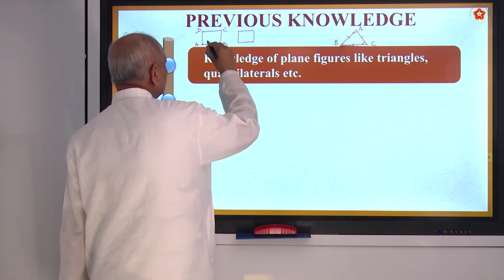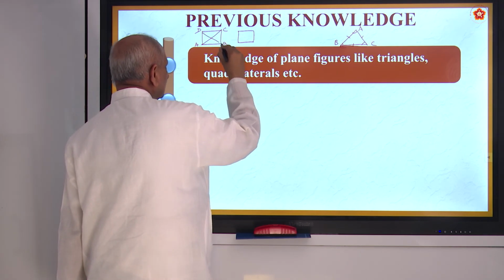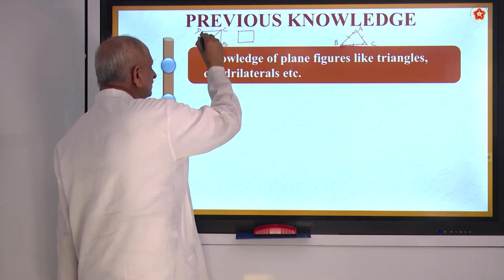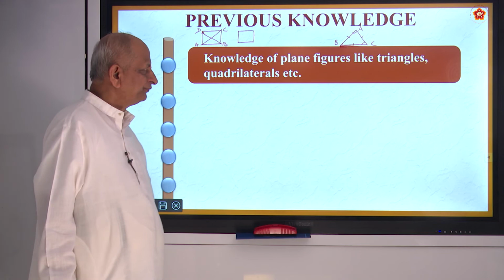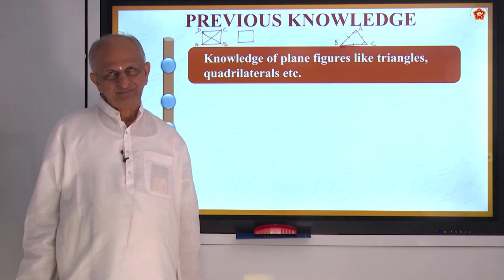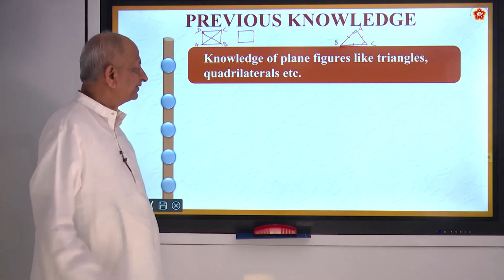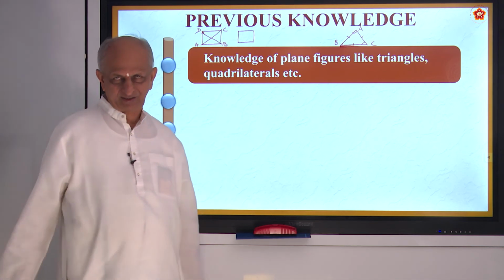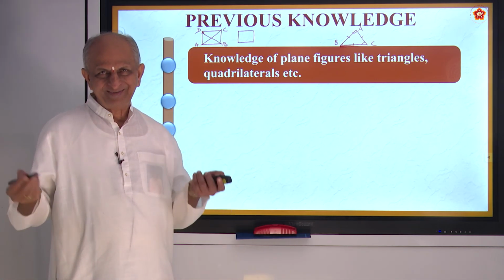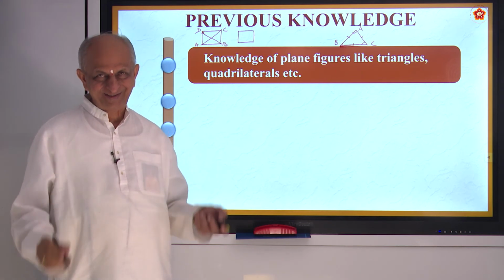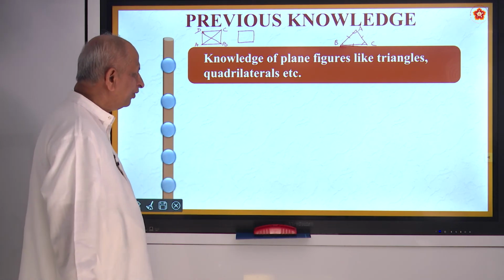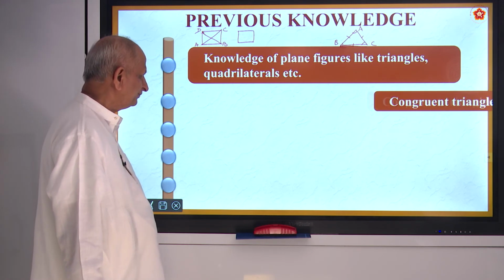What are diagonals? The line joining the opposite vertices is called a diagonal. So these things you already studied. Is it not? What is the sum of the 4 angles of a quadrilateral? 360 degrees or 4 right angles.